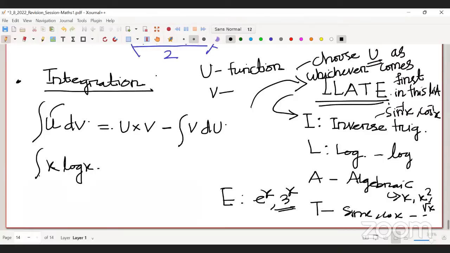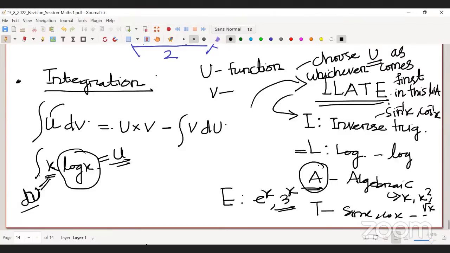As you can see, x is an algebraic function, right? And log x is the logarithmic function, so log x comes before algebraic. That means here you take u as log x, and dv is x, right? Then what is v? x square by 2. This is how you do it.